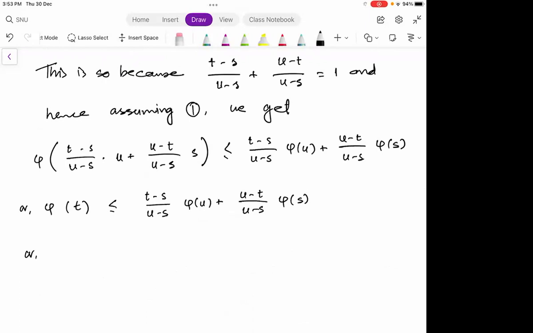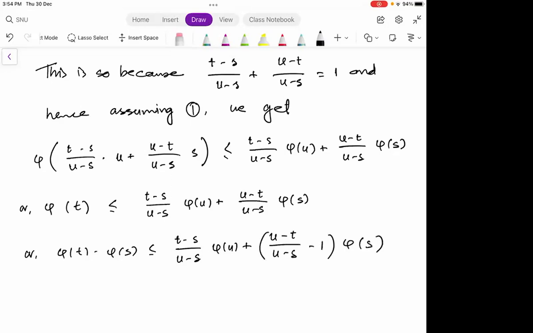So I do phi t minus phi s, less than or equal to t minus s by u minus s phi u plus this thing, u minus t by u minus s minus 1 times phi s, and I'll get u minus t minus u plus s.